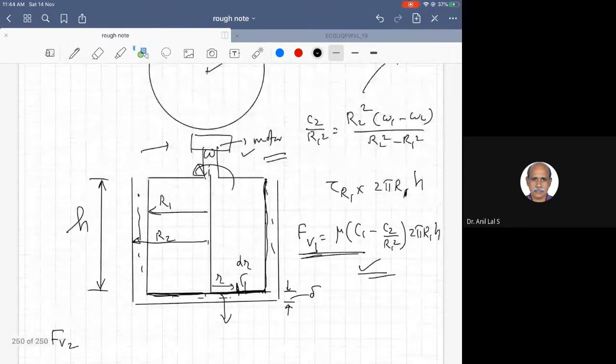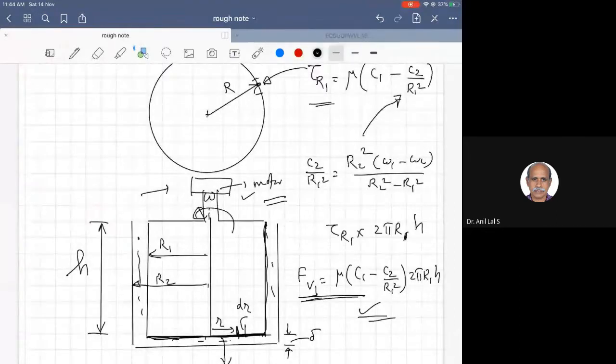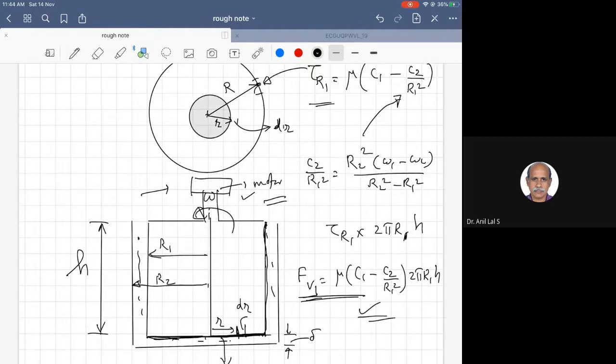Already that circle is here. So the bottom base is there. We are looking at some radius r, an annular strip of thickness dr. So maybe I will draw that circle, one more circle.